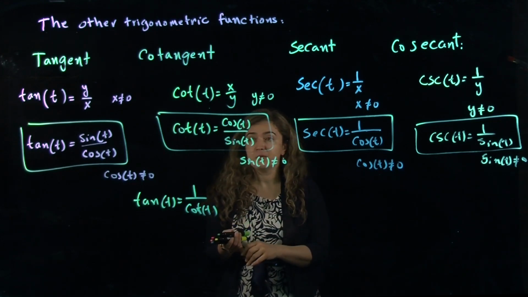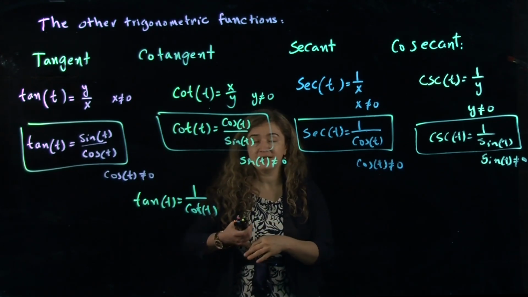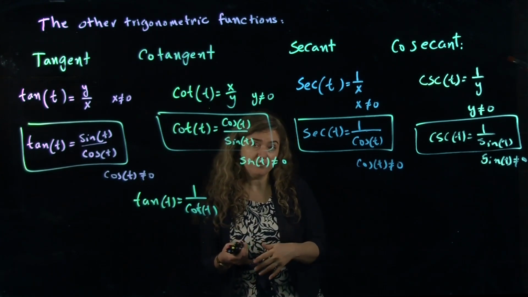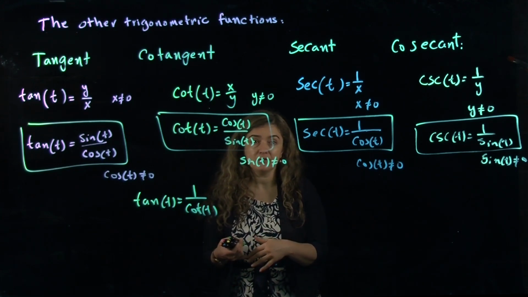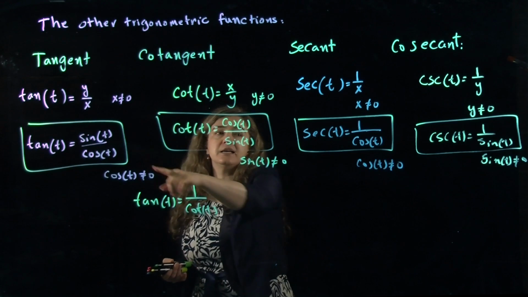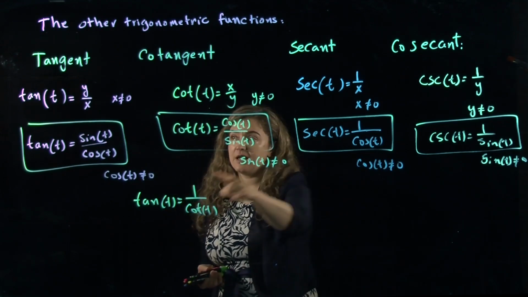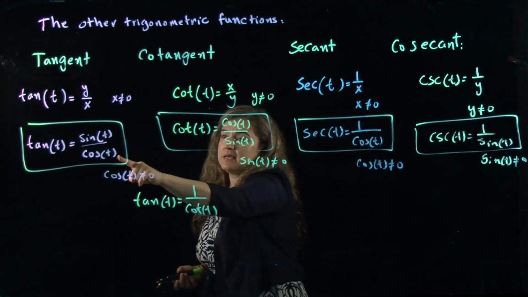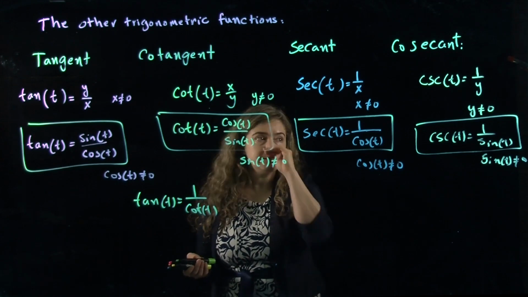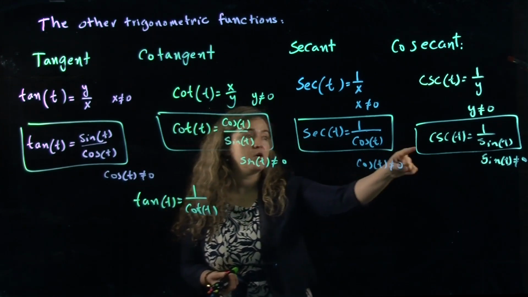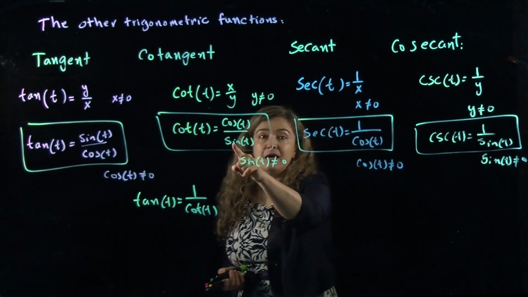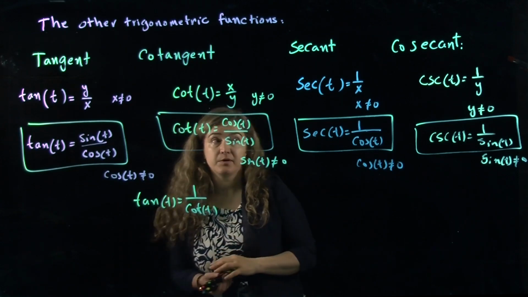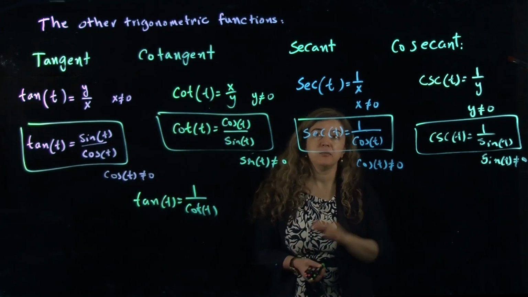The way I memorize it: I remember tangent is sine of the angle divided by cosine of the angle. Then I remember that secant is in the same boat as tangent, and therefore the denominator of secant should be the same as the denominator of tangent. And then the cofunctions, cotangent and cosecant, have to have the same denominator, and cotangent is the cofunction of tangent, so it's the reciprocal of that one. And that's how I memorize all of them.